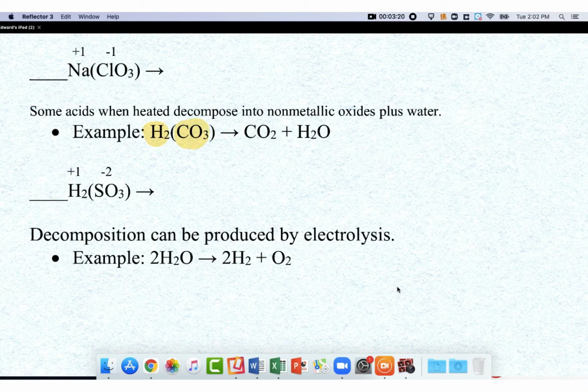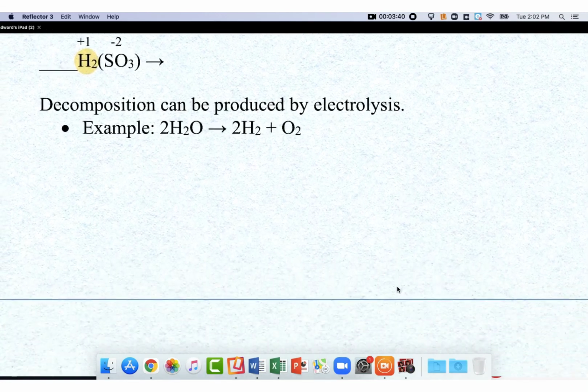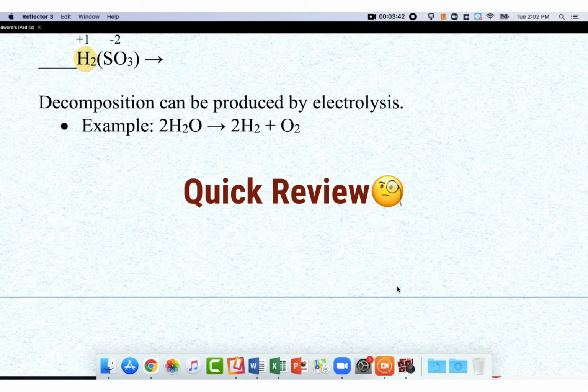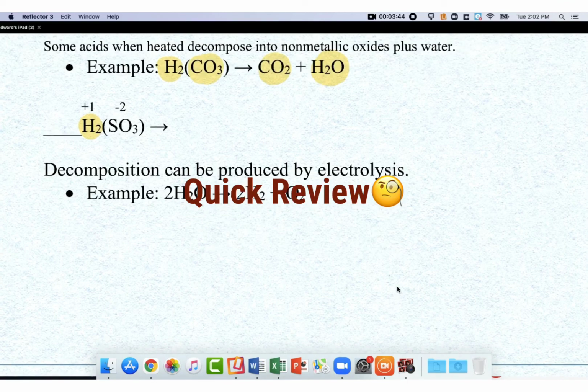And it's going to split apart, and it's going to form carbon dioxide and water. So here we have an acid, and this acid, again, it starts with an H, and this time it's SO3. All right, so what's it going to form? SO2 plus water, and you'll have to balance that out. And the last one was water, and I didn't have any other examples, so I left it be.